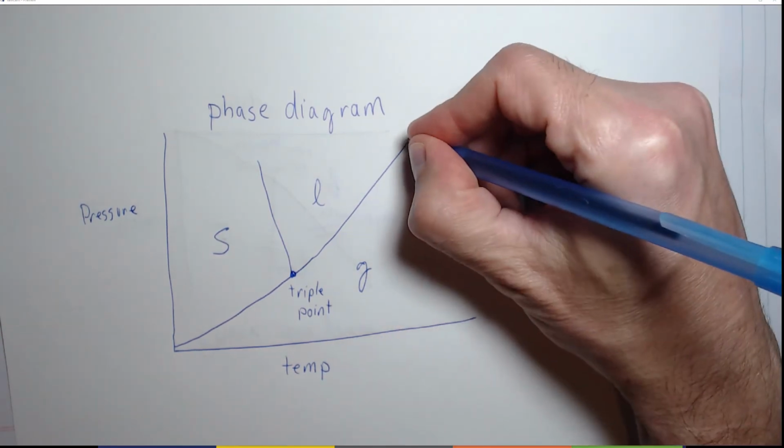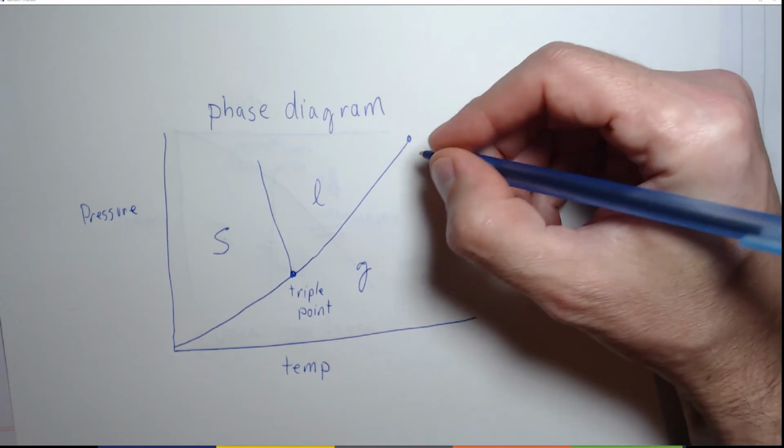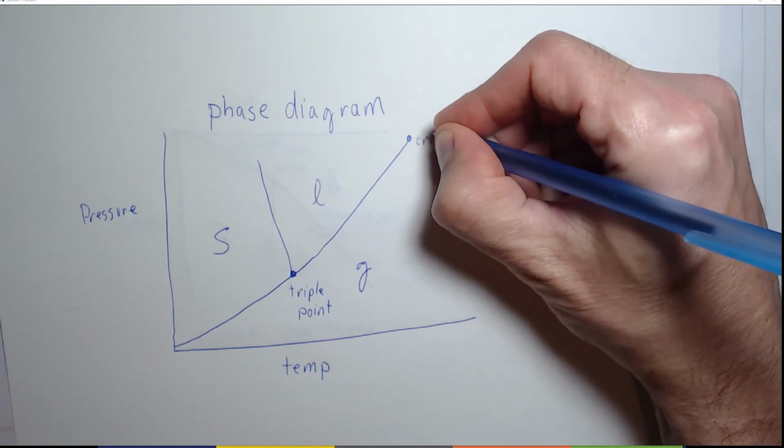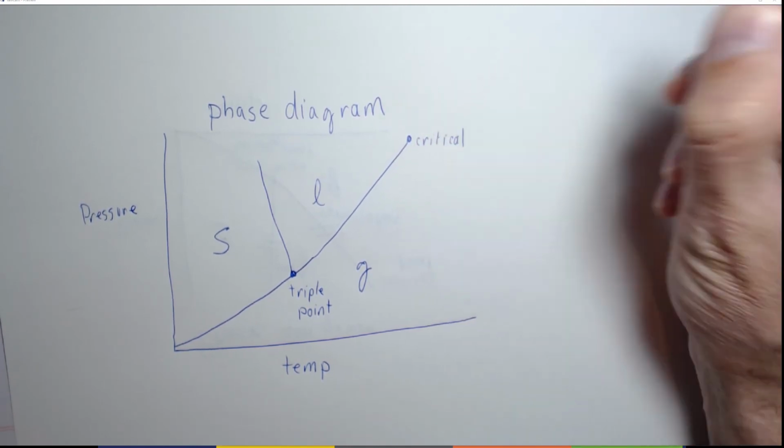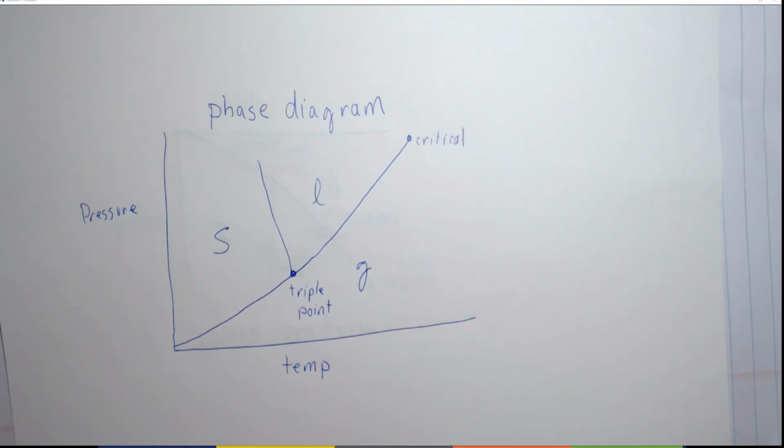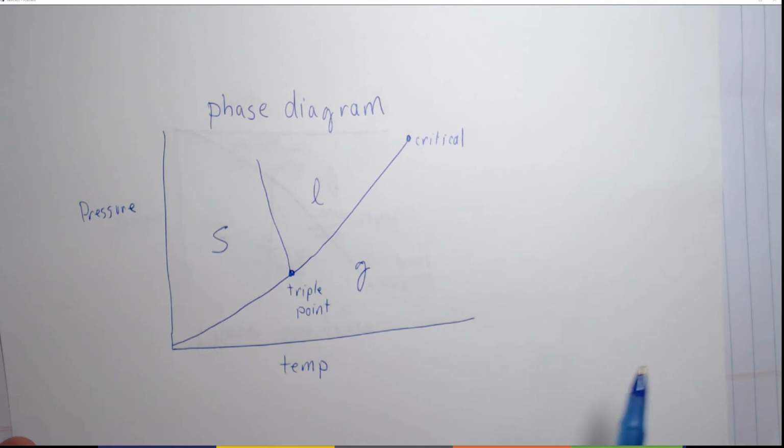And then up here, which we'll talk about a little bit more in a minute, is called the critical point. Okay, a temperature and pressure above which you end up with a supercritical fluid. And a supercritical fluid has properties like gases and properties like liquids. Okay, so it's kind of in between a liquid and a gas. So this is basically what we have.